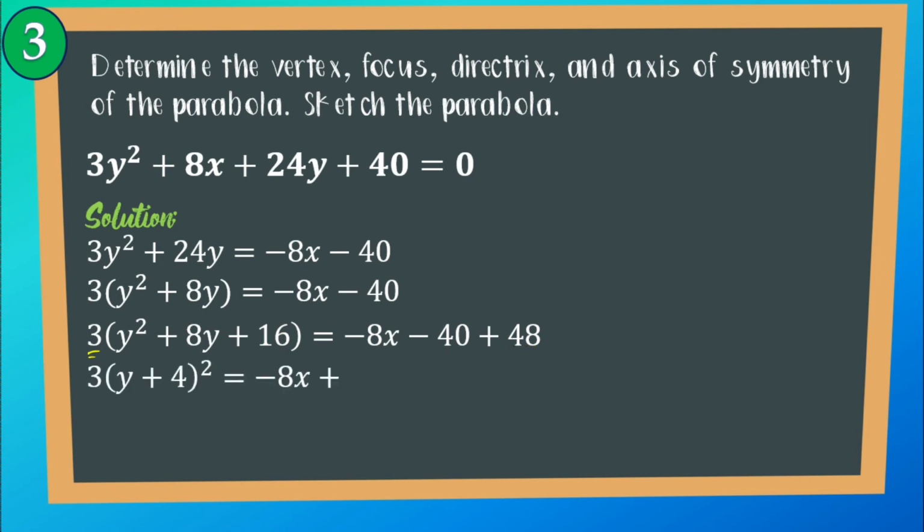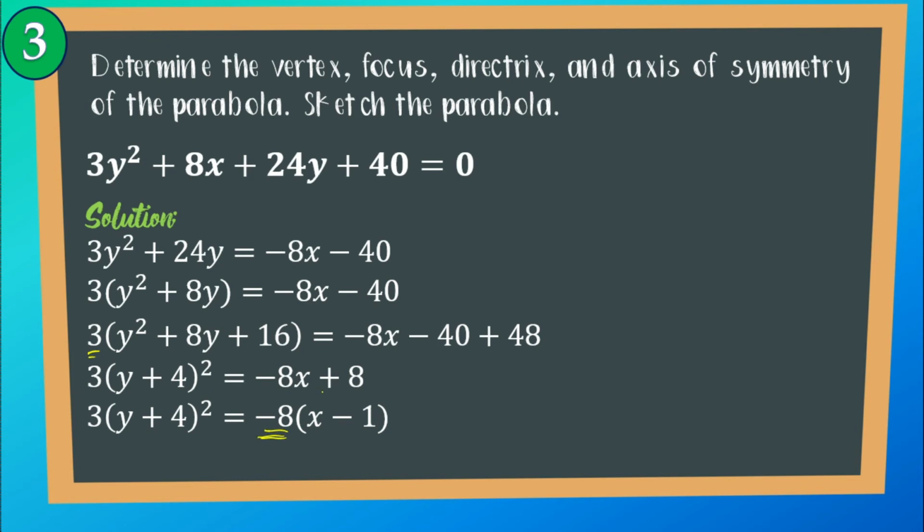Okay, so tapos, factor out natin to. So magiging 3 times y plus 4 squared equals negative 8x, negative 40 plus 48, so that's why 8 to. Okay, tapos magiging 3 times quantity y plus 4, factor out natin yung negative 8. So it becomes negative 8 times quantity x minus 1. Bakit minus na to? Kasi pag finactor out natin yung negative 8, negative 8 na yung monomial.